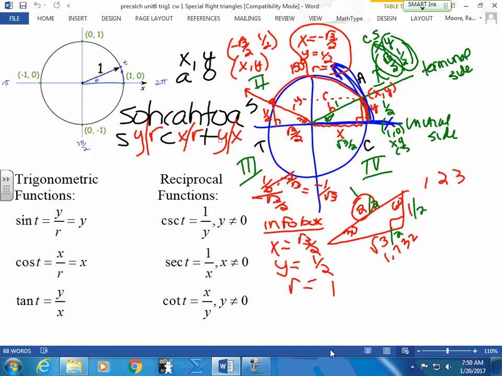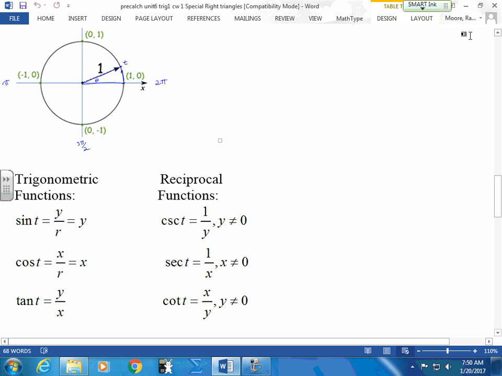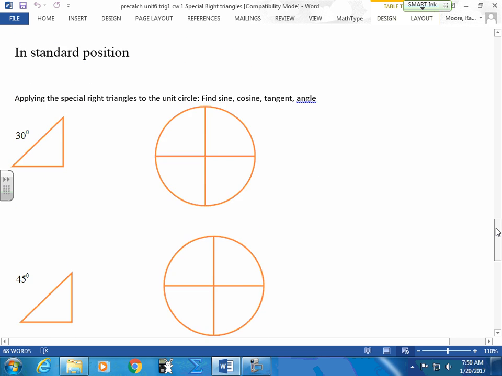If I'm in this quadrant, my x is negative, my y is negative. The only thing that could possibly be positive is a tangent. Negative divided by a negative, right? So this is how we're going to rotate your angles. It's going to take a little while to digest, I get it.